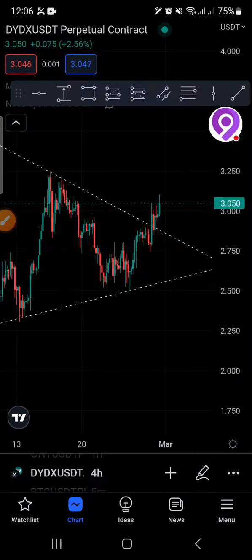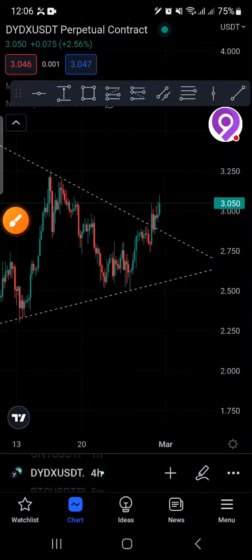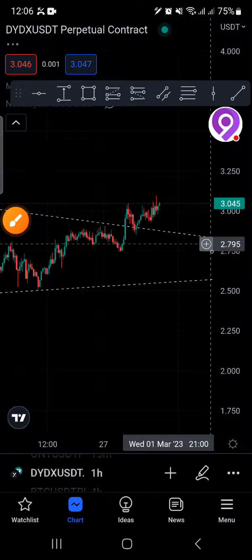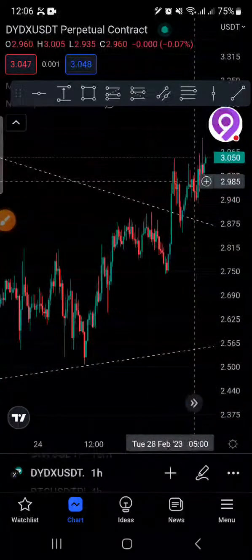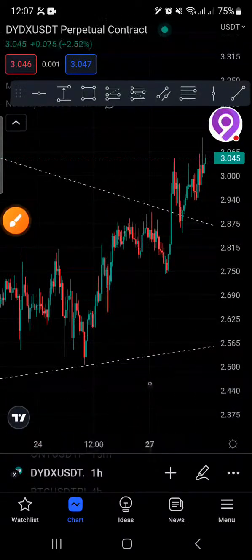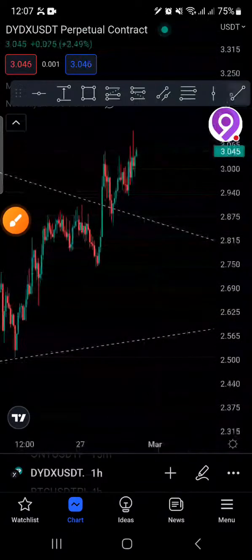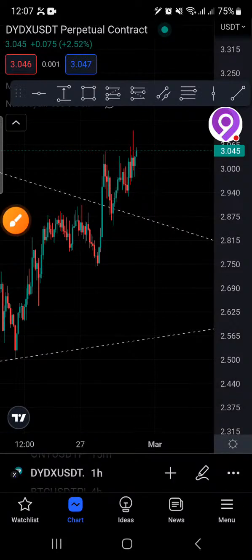Let's just go by this, the 1 hour time frame. So we have uptrend, pullback, uptrend, pullback, pullback, uptrend.